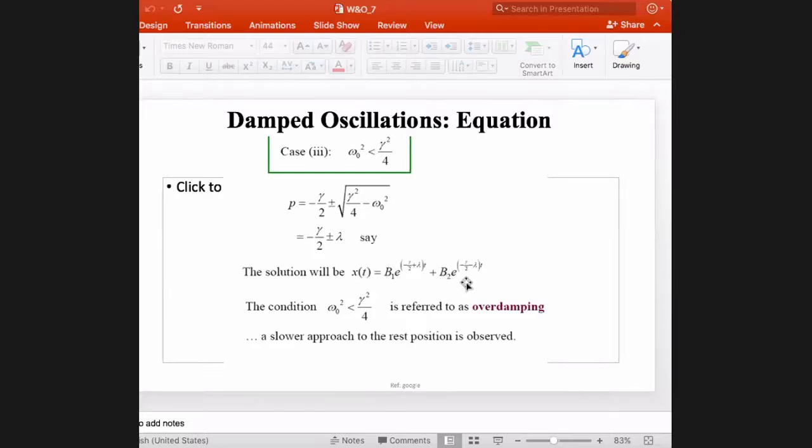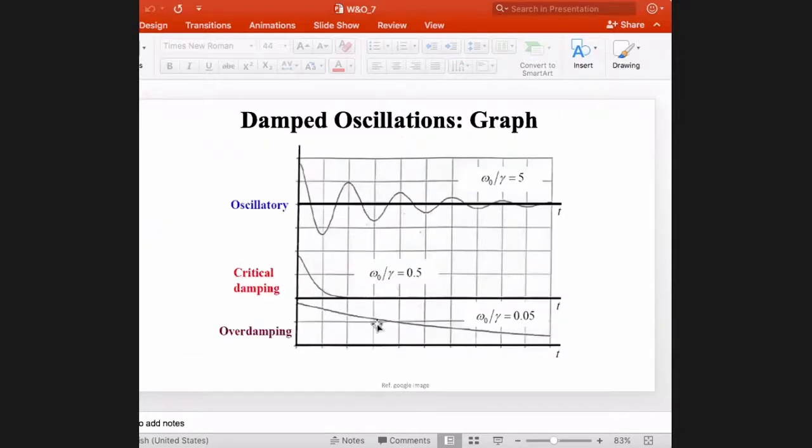So here the decreasing is again there, but this decrease is less than in the critical condition.